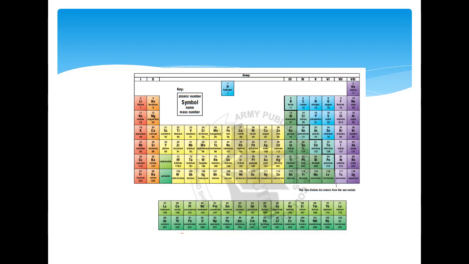The gases are helium, which is used to fill balloons. Mostly little children are very fond of those balloons that fly. They consist of helium gas, then neon, argon, krypton, xenon, radon and so on.